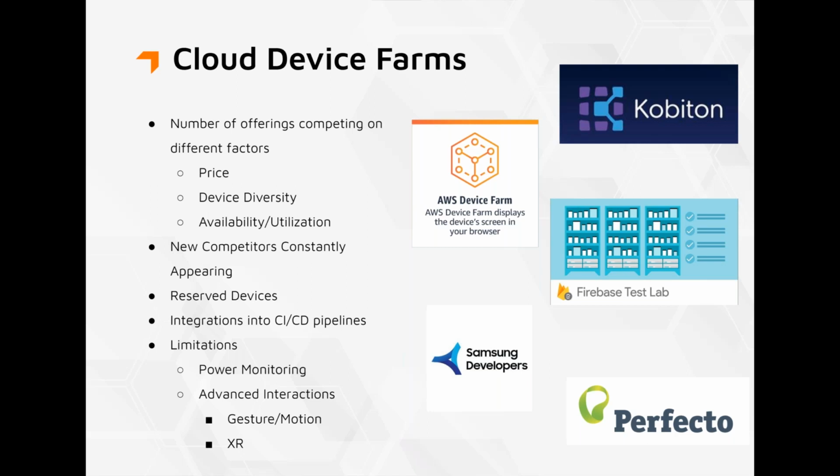That also means for advanced interactions, anything that's using the accelerometer or gyroscope, or if you're using the camera in some sort of XR application, a phone sitting in a warehouse somewhere in a data center isn't going to give you direct access to that. You can use APIs to kind of simulate that effect, but it's not going to be the same.